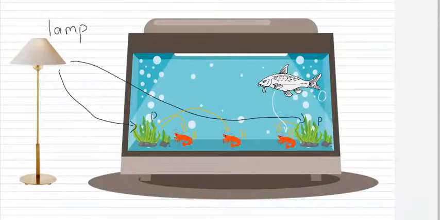And Mr. Rosenfeld made a quick mistake. The flow of energy should be going to the fish. So we have the lines going from the shrimp to the fish, and the arrow points to the fish because energy is flowing from the shrimp to the fish.